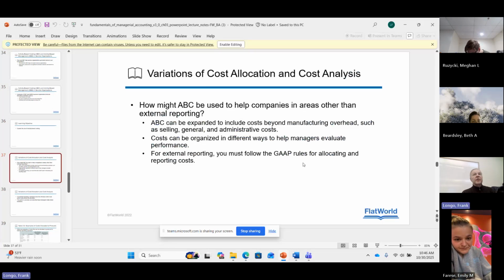But for managerial accounting, which is what we are focused on, we allocate it so we can make better decisions. We can use different ways of allocating for managerial purposes than for financial purposes. That's allowable.